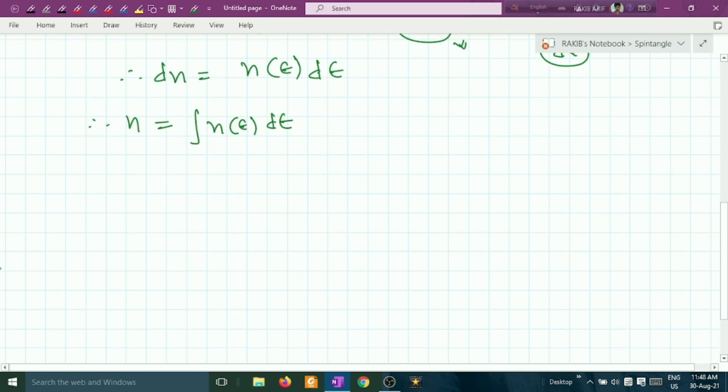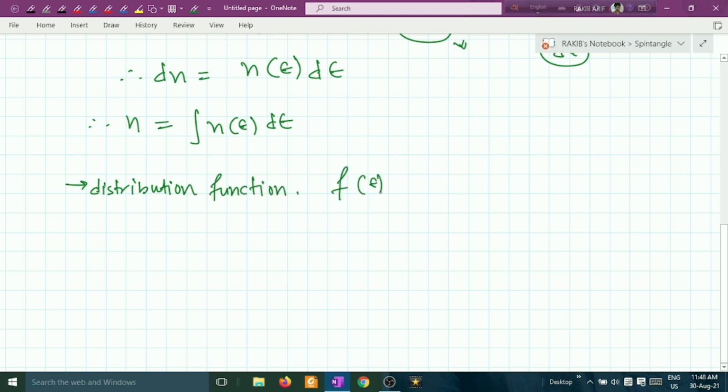Now from the expression of the distribution function. What is our distribution function? We have learned about this. The distribution function is written as f(E) equals n(E) by G(E).